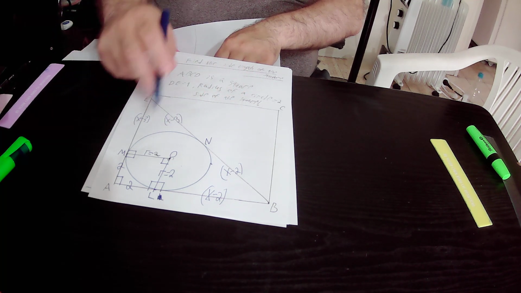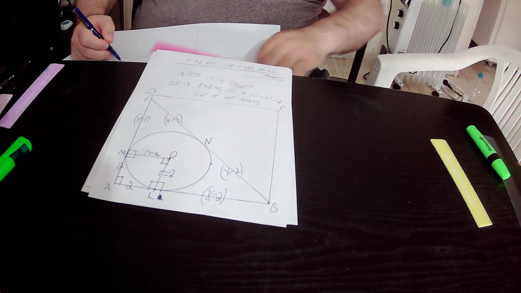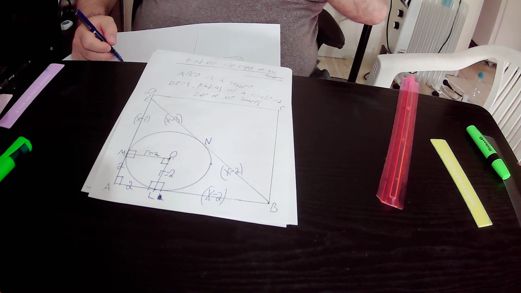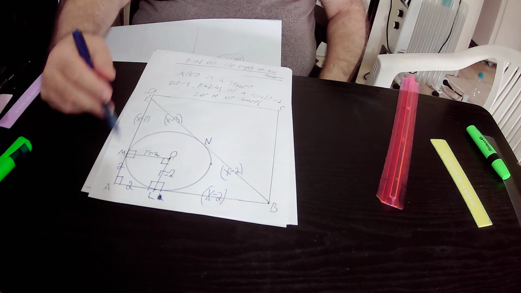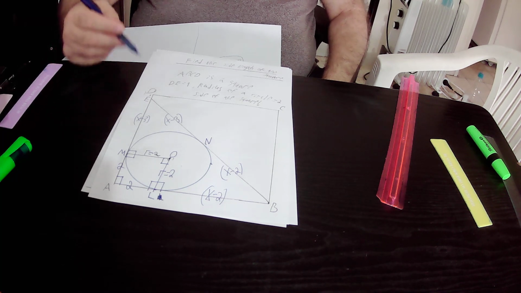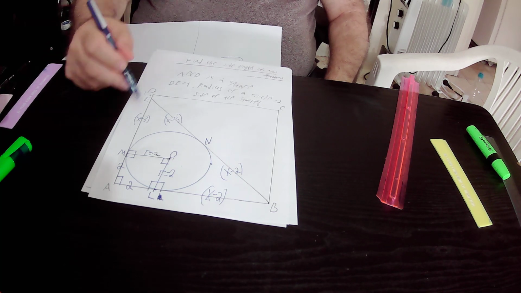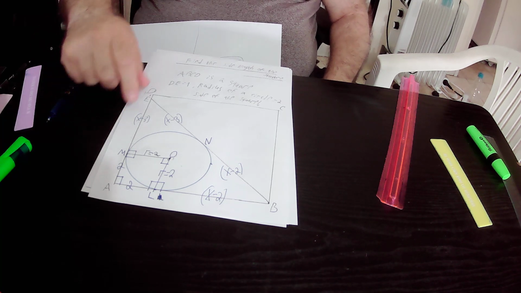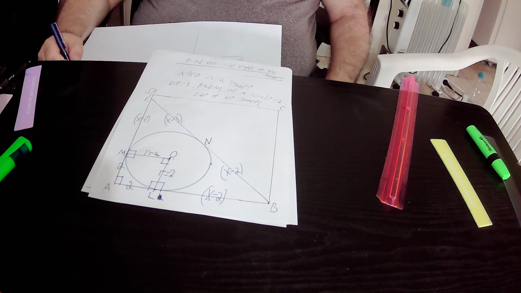AB equals x according to our definition. What is the length of EA? The length of line segment EA is equal to DA minus DE.